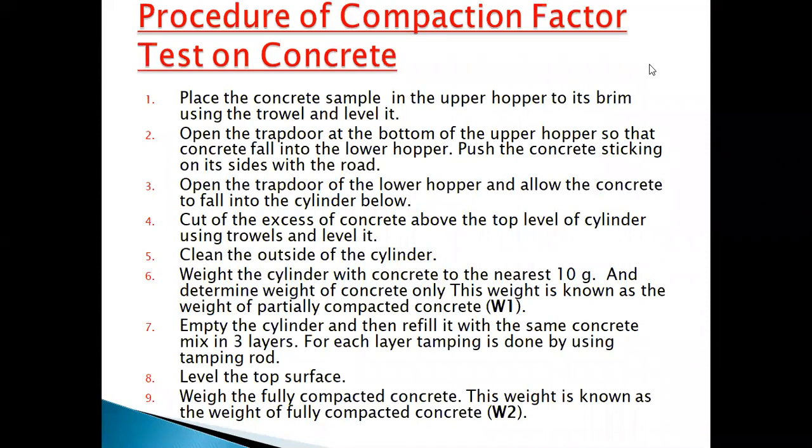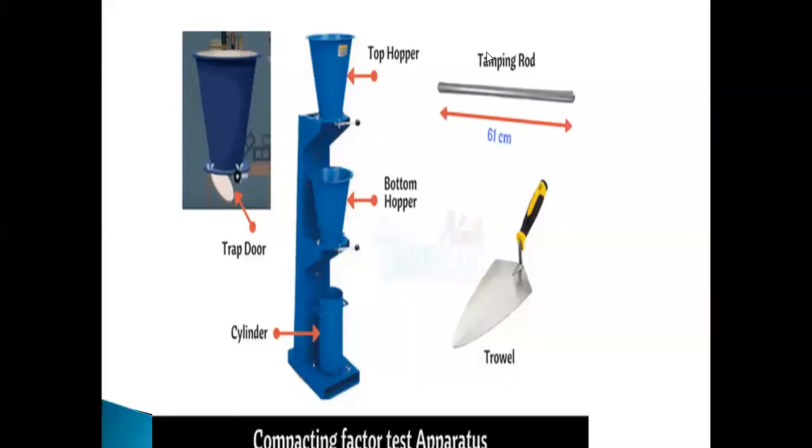Next we go for the procedure for the compaction factor test. The first step is to place the concrete sample in the upper hopper to its brim using the trowel and level it.